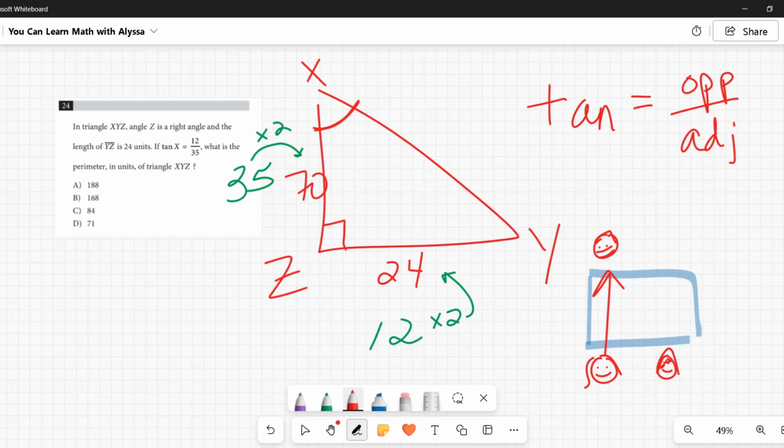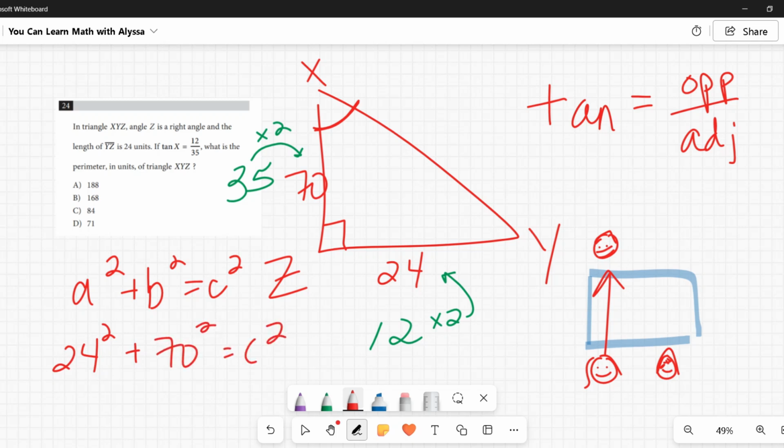Now we have the sides of a right triangle. We have two of the sides. We can use this with our a squared plus b squared equals c squared, the Pythagorean theorem. So our two legs are 24 squared plus 70 squared equals c squared.